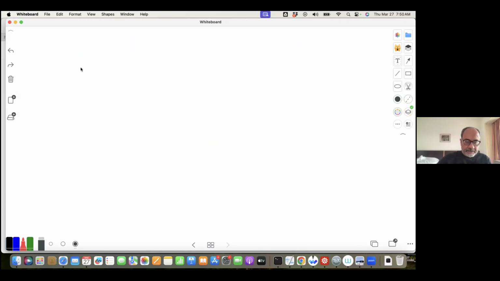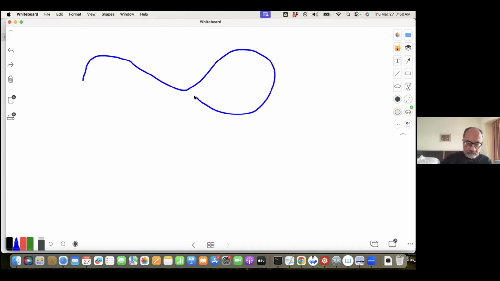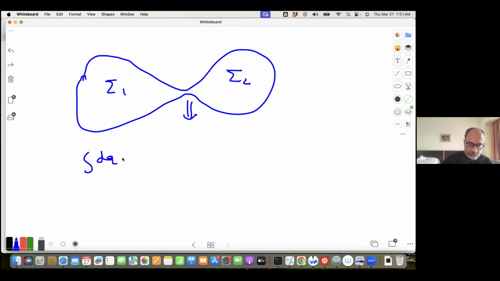So let's recall the way we had done this factorization analysis. Suppose this is sigma 1, this is sigma 2. The way we had analyzed this contribution is that we think of this as dq dq bar, dq over q, dq bar over q bar.